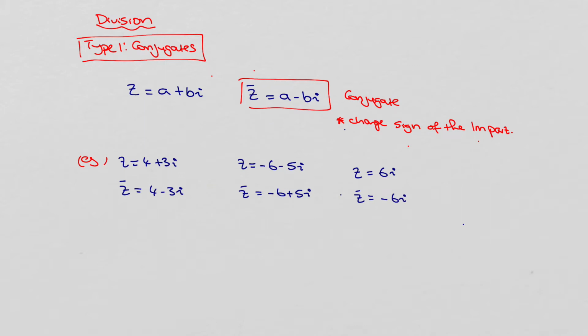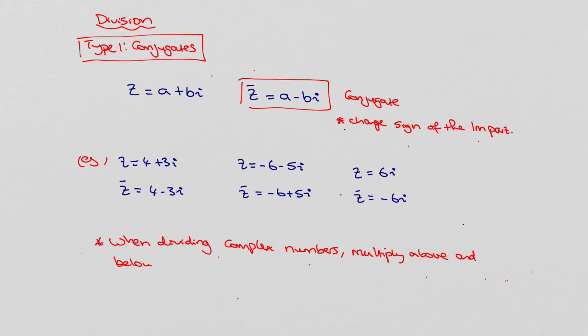So it's really important to know how to use the conjugate, because when dividing complex numbers, what we do is we multiply above and below by the conjugate of a complex number.